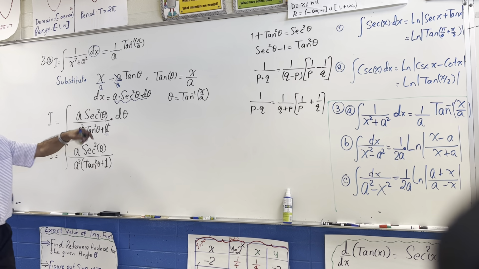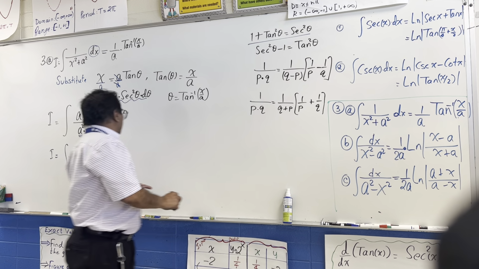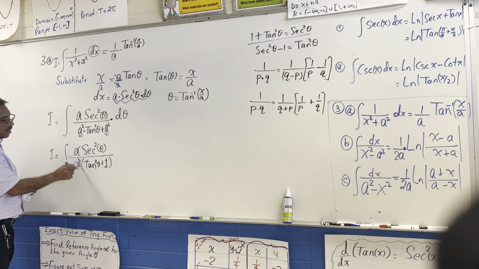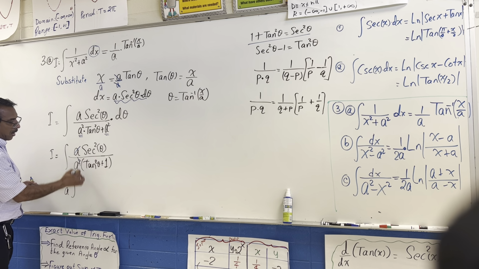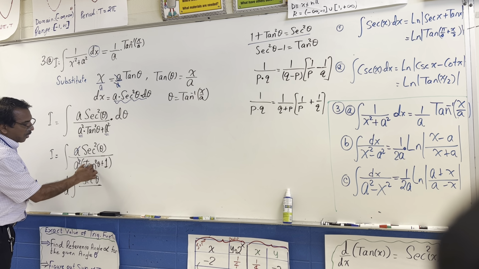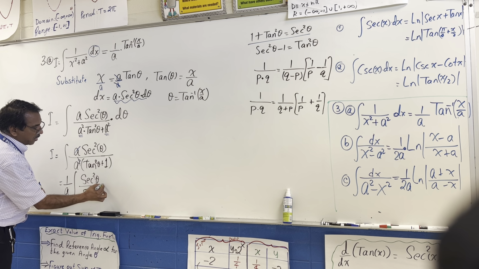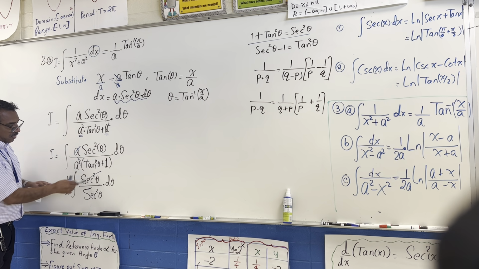And then 1 plus tan squared, by the Pythagorean formula, is secant squared, so I'll replace this, and then one of the a's will cross out, because singly this a can be pulled out and write 1 over a, and you have secant squared theta divided by secant squared theta, and clearly this is the same thing.